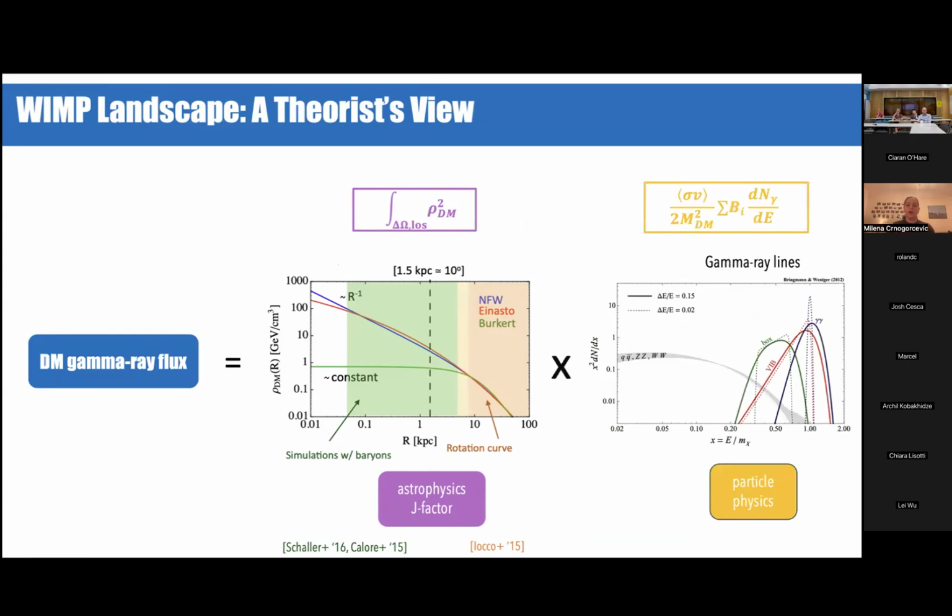So much so that we can effectively separately model these two contributions, and as such have different independent uncertainties when it comes to modeling these.